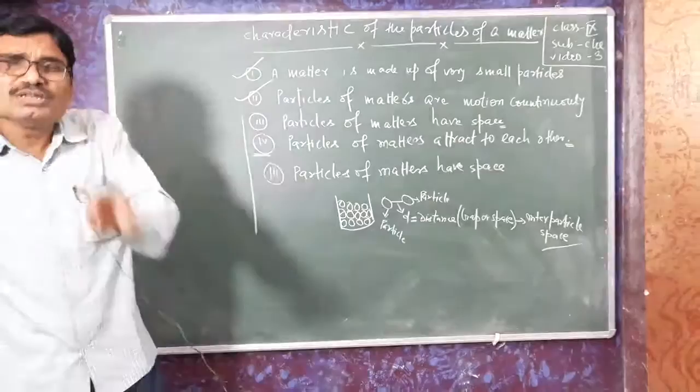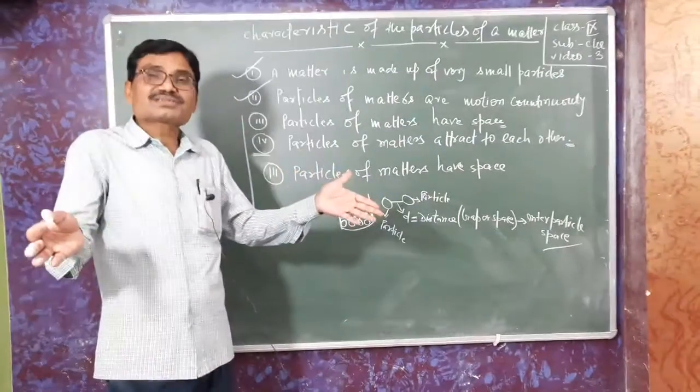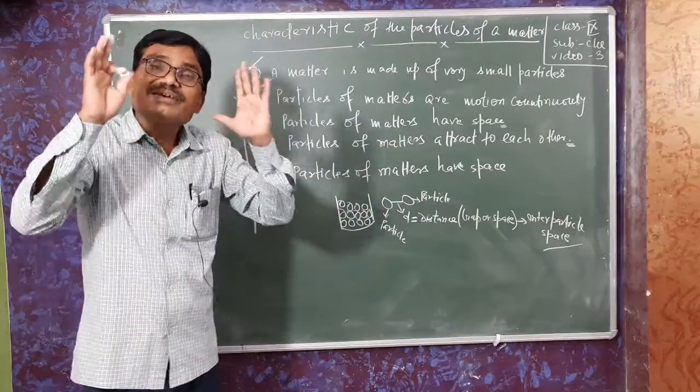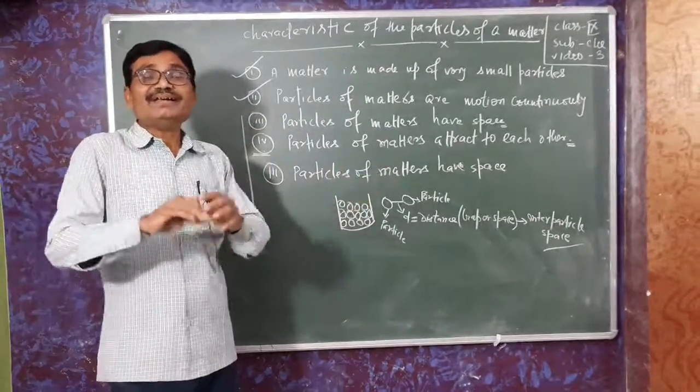Between two molecules, between two small particles, there is a space which is called interparticle space. Otherwise it is also called intermolecular space.